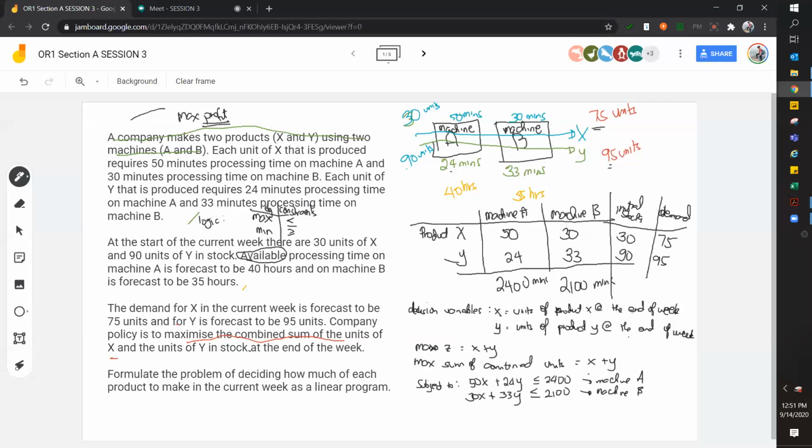Ngayon, nagamit na natin itong portion na to. So how can we address this portion? Ngayon, if X is the product at the end of a certain week, gaano kaya kadami yung kailangan ko pang i-produce, kumbaga?